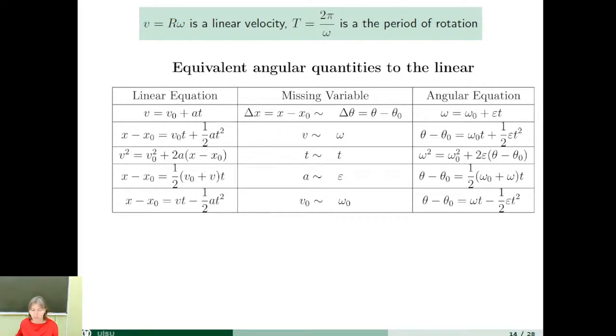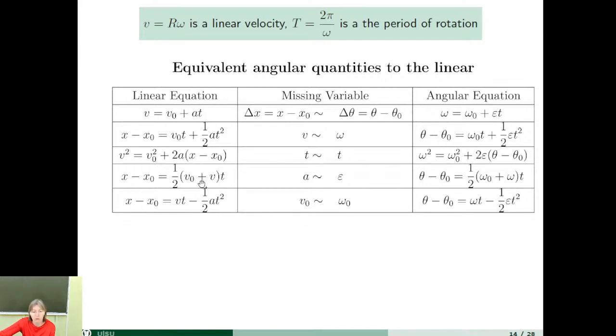Look at these tables. This shows the equivalence of angular quantities to the linear ones: linear velocity to angular velocity, while the time does not change, and acceleration to angular acceleration, and these initial values.